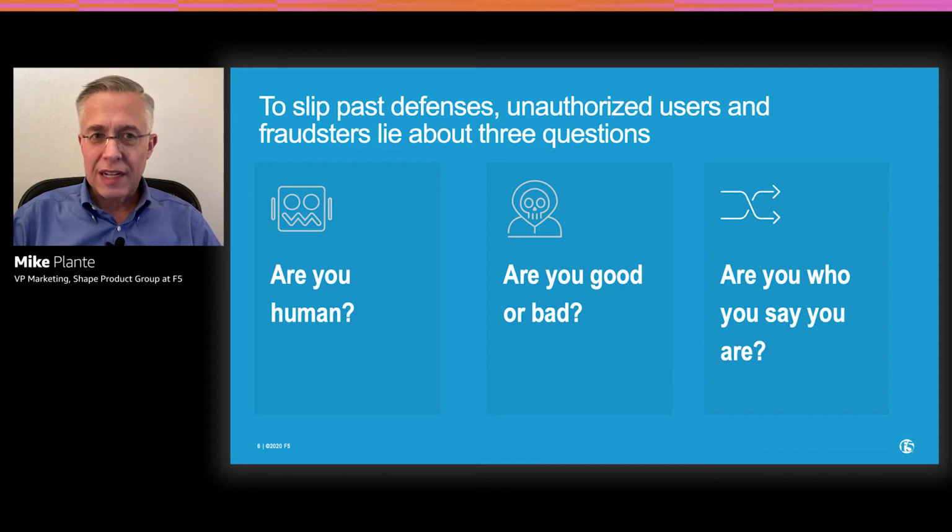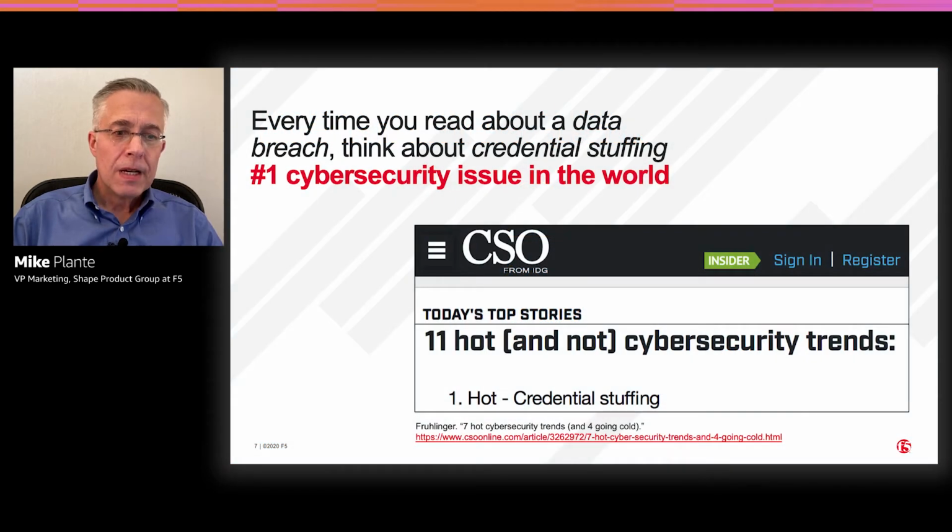If you're presenting yourself as me, Mike Plant, to one of your applications, is it really Mike, or is it someone that's pretending to be Mike? Now, actually accurately determining if a user is an unauthorized user, a bot, or a fraudster, and they're actually telling one or more of these lies, is at the heart of how we can defend our applications from unauthorized access.